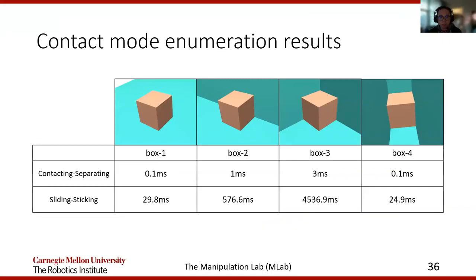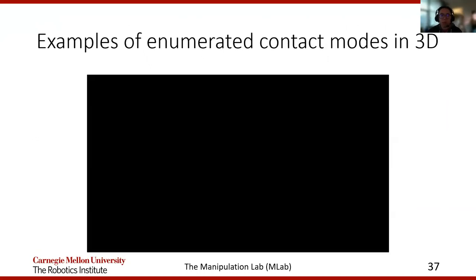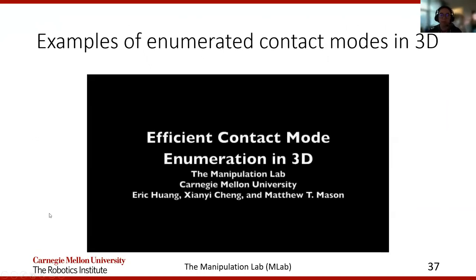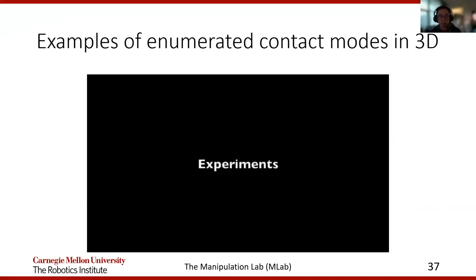Our enumeration results show that contacting separating modes are much faster to enumerate than sliding sticking modes. And here we have some examples of our enumerated contact modes visualized in this video.